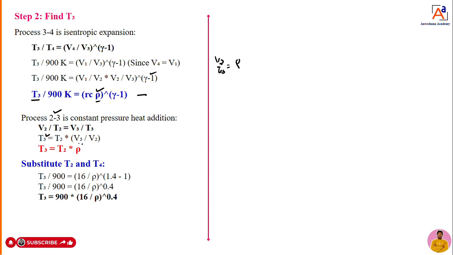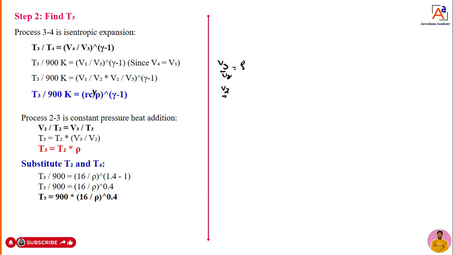What is V3 by V2, dear students? As I told, that is rho. Yes, dear students, a small correction here now. This is RC, but 1 divided by rho, so RC into 1 divided by rho. Small correction, dear students, sorry. We know V3 by V2 is equal to cutoff ratio.